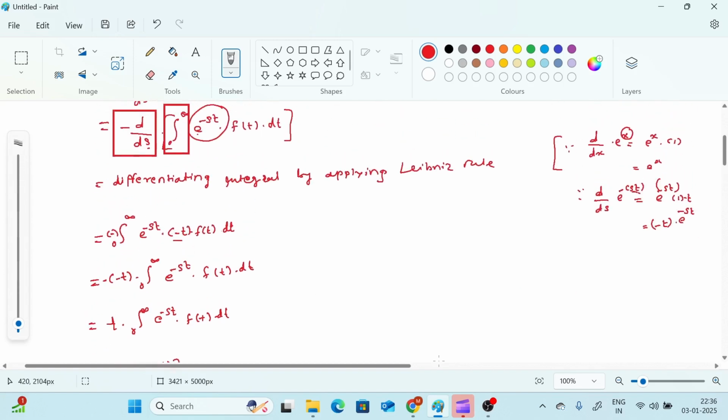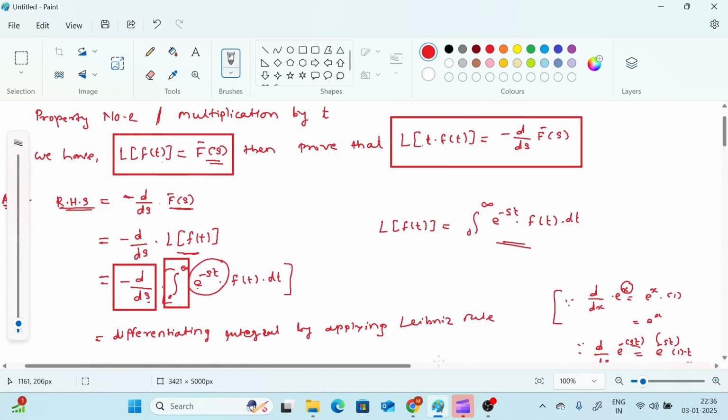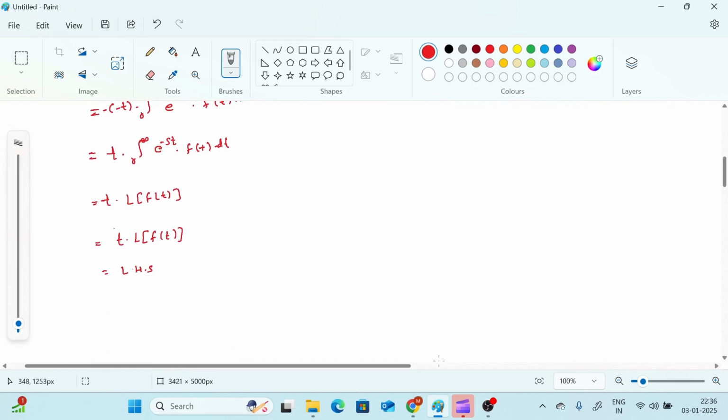You can see what the left hand side is here: Laplace of t into f of t. You can take t inside because it is a constant only, so there will be no issue. Laplace t into f of t, and we have proved Laplace of t into f of t is equal to minus d by ds into f bar of s.